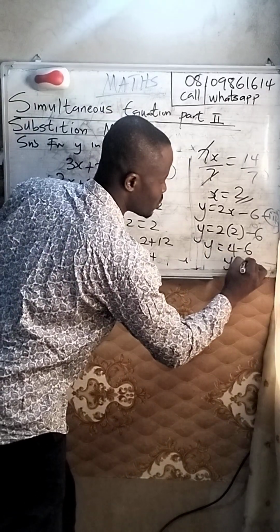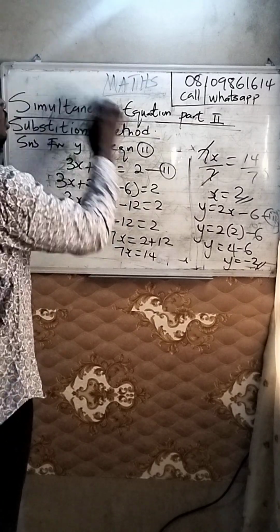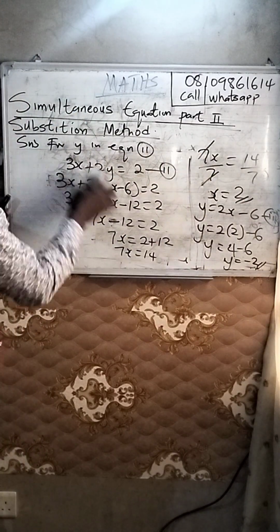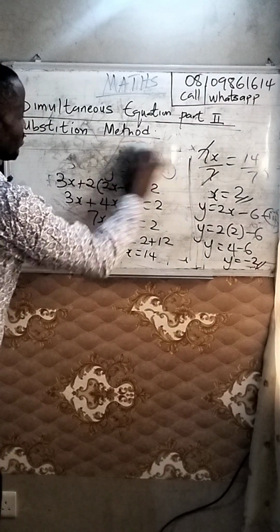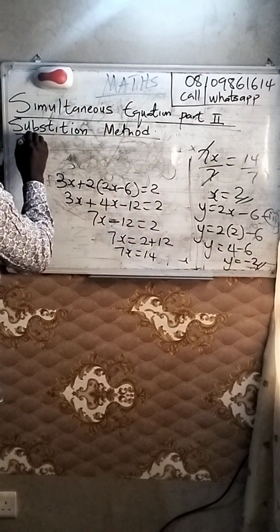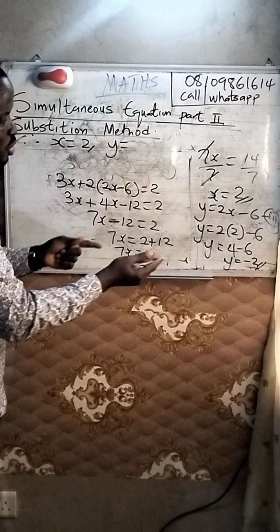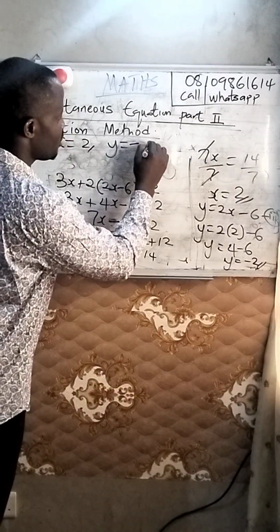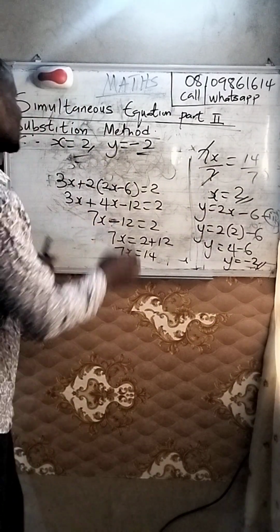So y is equals to minus 2. Therefore, x is equals to 2, y is equals to minus 2. I told you the way you can check, so we can always check.